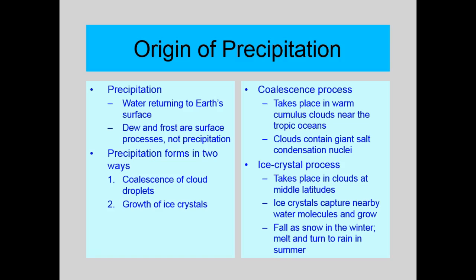But if the dew point continues to get approached, or maybe reached or even exceeded, then suddenly the droplets coalesce. There's so many of them, and they're so close to each other, they bump into each other, and then they get bigger. At some point, they're heavy enough, they're going to fall. So that's one way, coalescence of the cloud droplets.